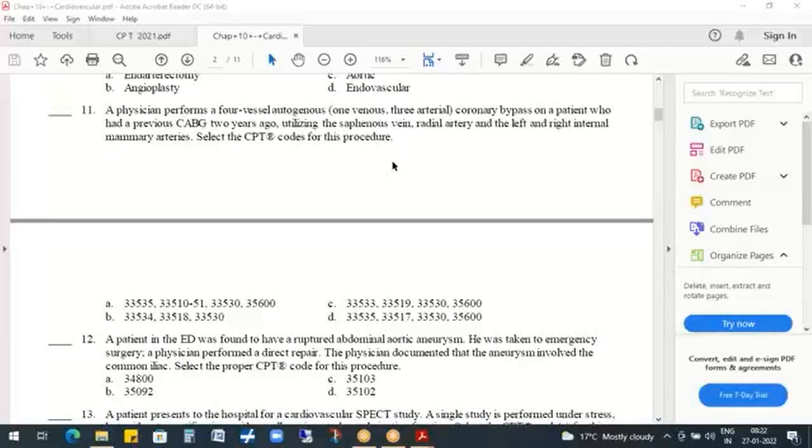Third point, approach of the lead. That means how that lead is placed.